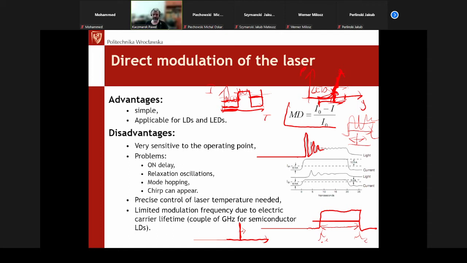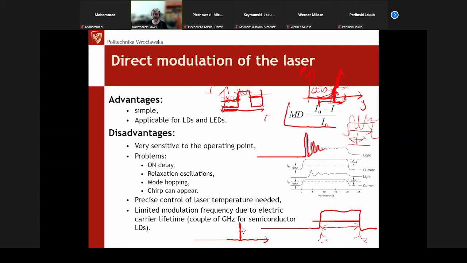They are increasing the frequency from one generation to another by 100 megahertz or even less. And that's all, because the same, of course, applies to the modulation of semiconductor lasers. So a couple of gigahertz is the maximum we can have for such modulation, and it cannot be improved in any way using direct modulation of such lasers.